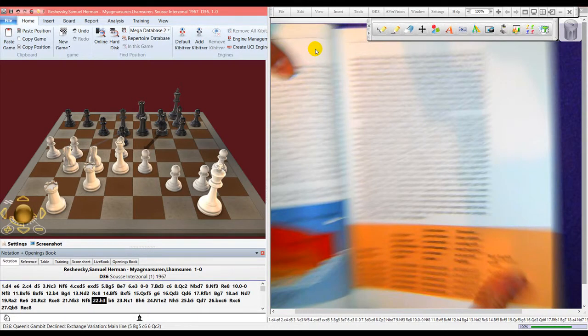Take a quick look at this so I can show you a whole lot of stuff in just a short amount of time. We'll try and zoom in on that.